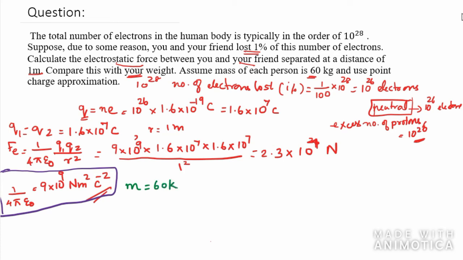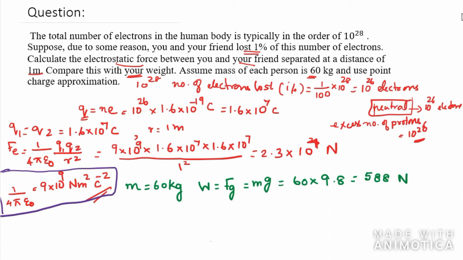Now you have to find the weight. What is weight? Weight is the gravitational force, that is equal to m into g. So mass 60 into 9.8 meter per second square, the value of g you know. That comes to around 588 newton.